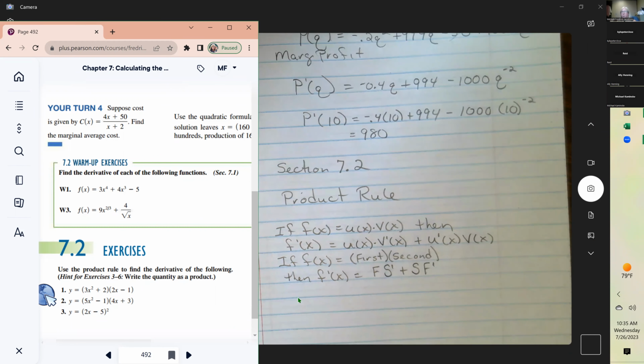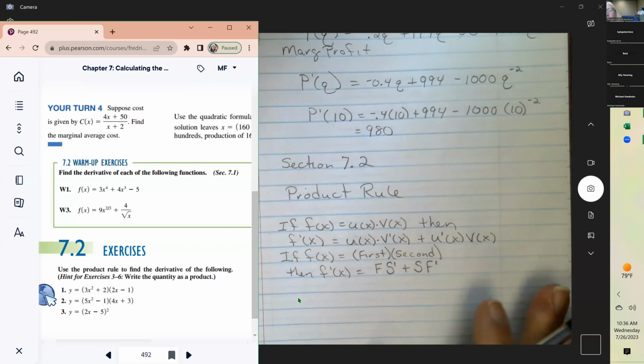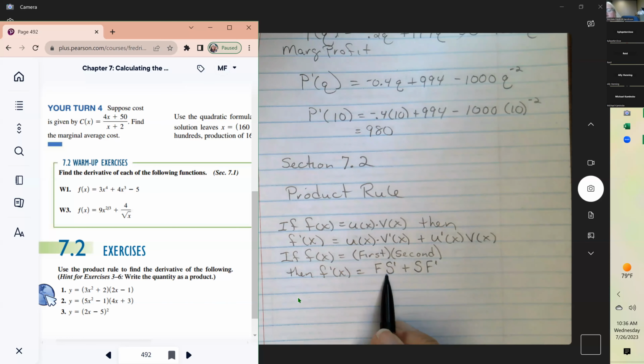Rather than trying to remember u of x times v prime of x plus u prime of x times v of x, it's a lot easier to remember words. So first times the derivative of the second plus the second times the derivative of the first. Now you can have a formula sheet for the test. So you could have these written down.